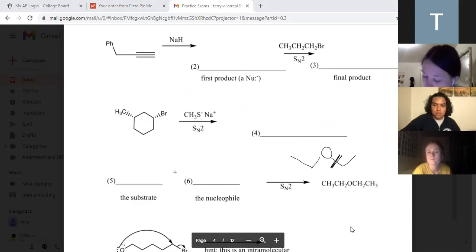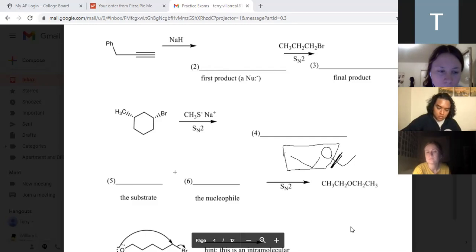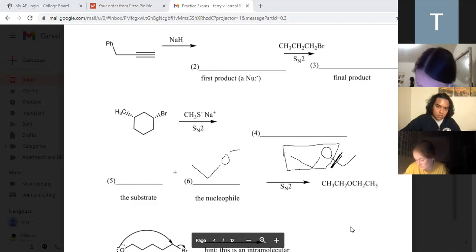So the side with the oxygen becomes what? The nucleophile or the substrate? The nucleophile. Yep, it is going to be the nucleophile. So you can either write it as that O minus, or you can write it with a sodium if you want. Essentially the same thing. All right.